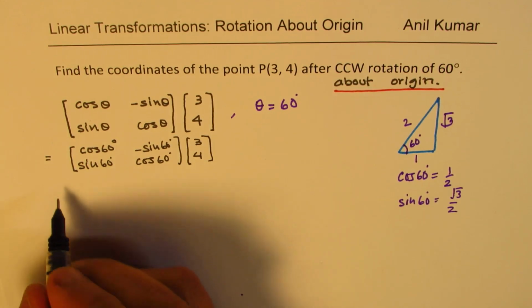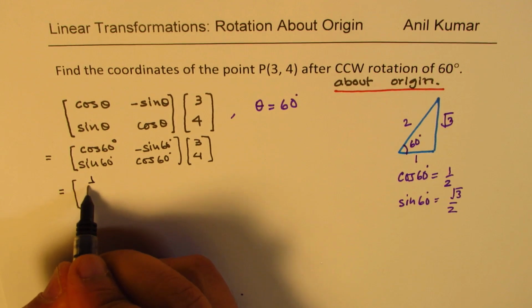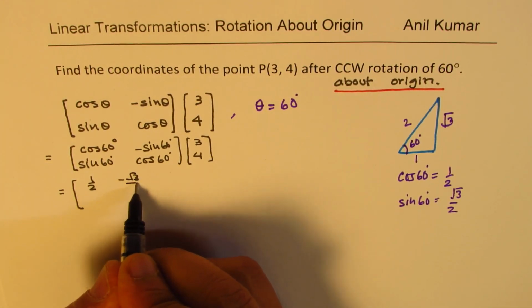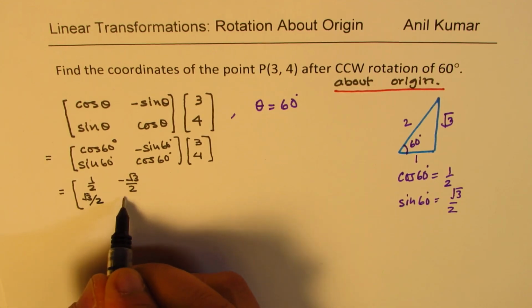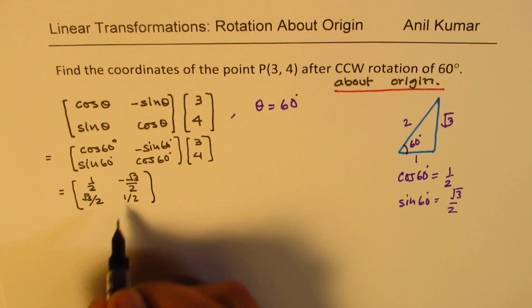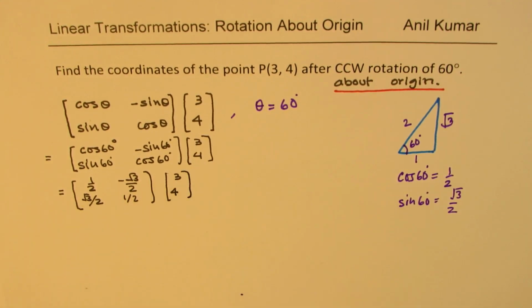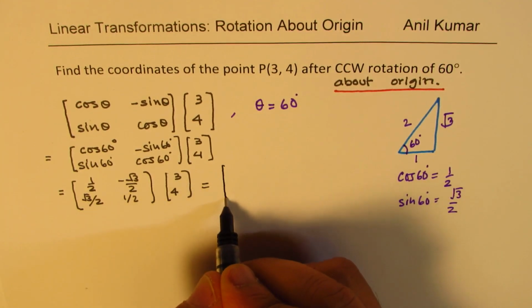Now, cos of 60 degrees is half, so it is half, minus square root 3 over 2 for sine of 60 degrees, then square root 3 over 2, and half. So that becomes your transformation matrix. Is that clear? And now we'll get the new points.